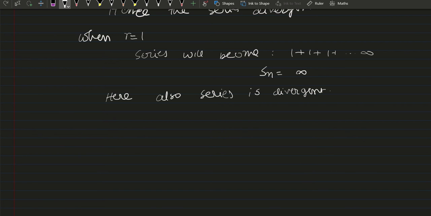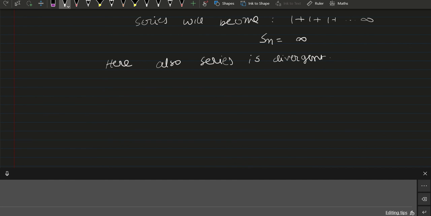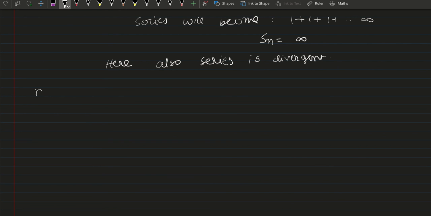Now we take the case when r is less than 1. Okay. And the third case, when r is less than or equal to minus 1. So first we take the value when r is equal to minus 1. When r is equal to minus 1, what will happen? Let's write the series again.